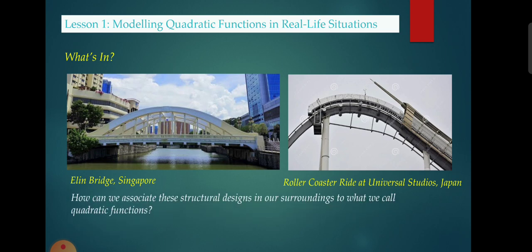How can we associate these structural designs in our surroundings to what we call quadratic functions? More or less, the two pictures have the same figure or structure. There is a similarity, no? Round, half round.